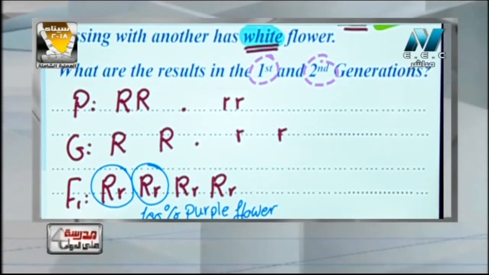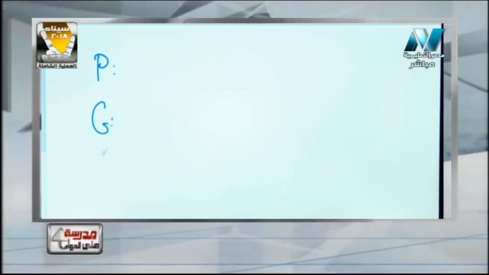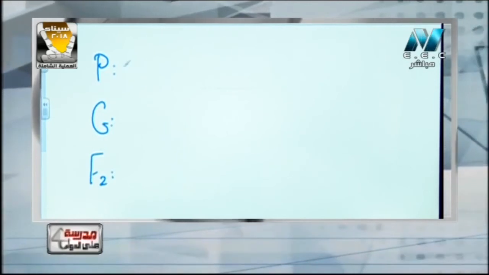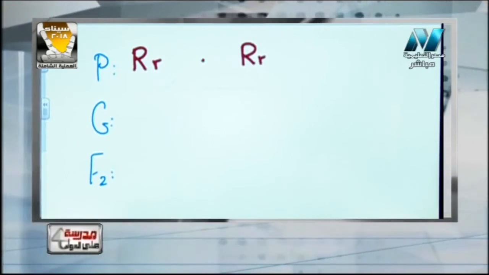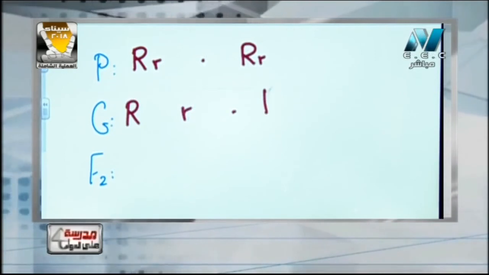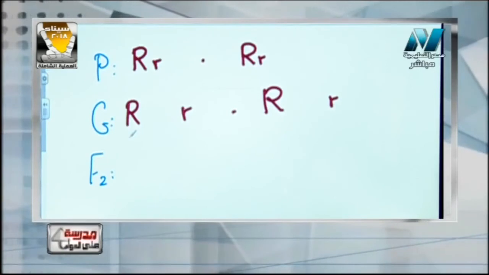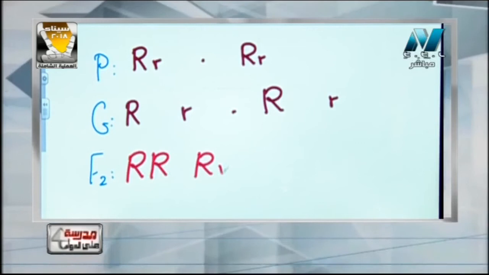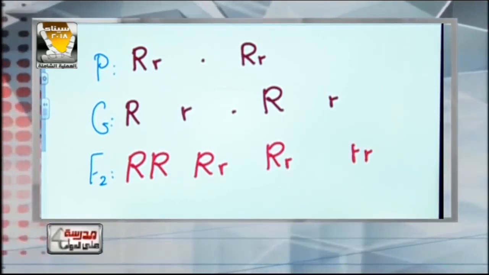Okay, in the second generation we write P, G, F2. We have R capital r small with R capital r small. So R, then R capital and r small. Okay, first with first we have R capital R capital, then R capital r small, then R capital r small, then r small r small. How did you know again?